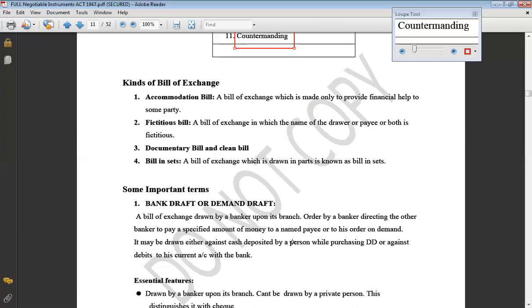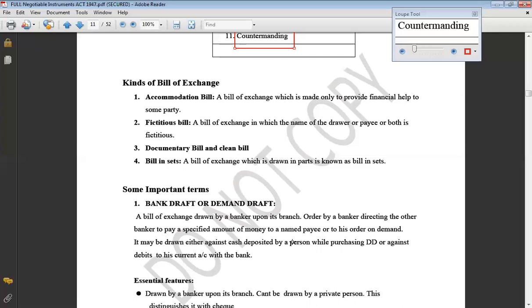But sometimes, just to financially help a friend or a known person, you may not be bound to make any payment to the other person, but to help that person, you may write a bill, which is an accommodation bill. So an accommodation bill is the bill which is drawn and accepted without any consideration, just to oblige your friends. In that case, the person who wants to help you will say, you draw a bill on me, I will accept it.